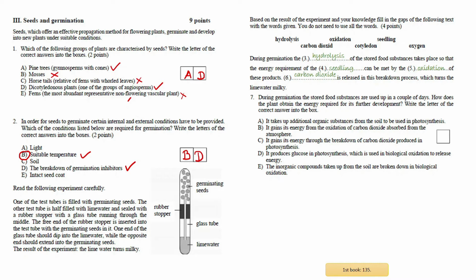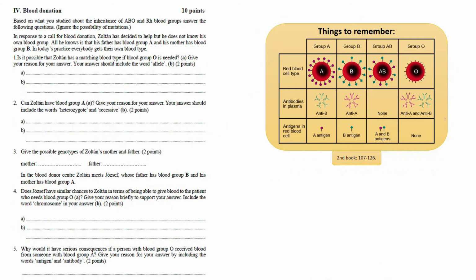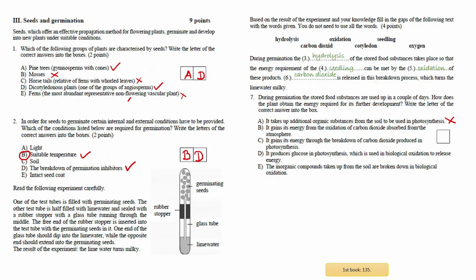During germination, the stored food substances are used up in a couple of days. How does the plant obtain the energy required for its further development? Write the letter of the correct answer into the box. A: It takes up additional organic substances from the soil to be used up in photosynthesis. That's not true. B: It gains its energy from the oxidation of carbon dioxide absorbed from the atmosphere.